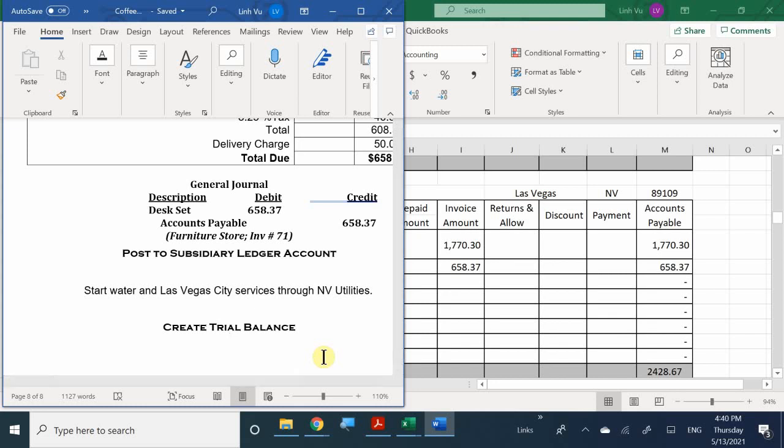No deposit needs to be taken down. No bill is required because they're just saying, if you're going to start this, water will depend on how often you use it. City services means your trash, right? You have to pay for the city to pick up the trash.